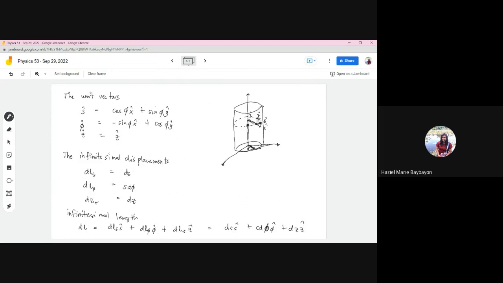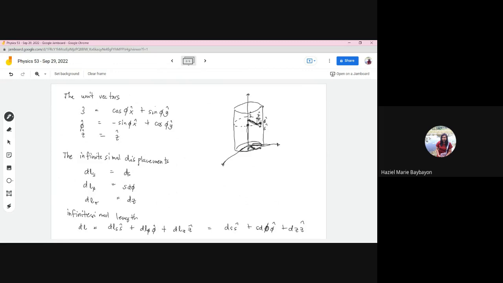It has the same length as the one drawn from the positive z-axis to your point P. This is x and this is y.